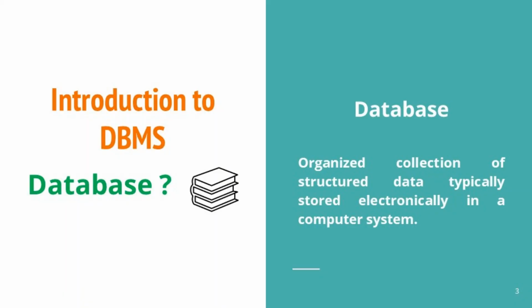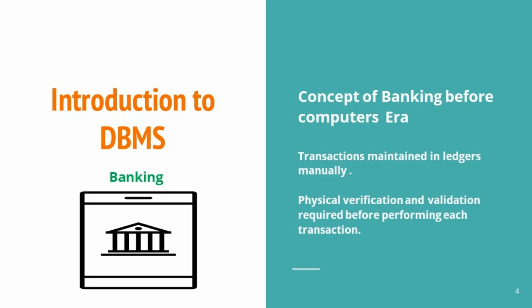Okay. Consider the real-time example of a banking system, well before computers came into the picture. They managed the data through files. A customer would walk to the bank, and if he needed to withdraw money, he would write a check or fill up some slips and hand it over to the counter.